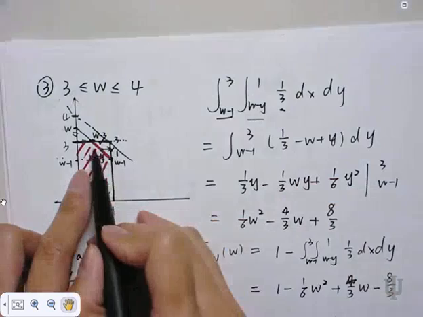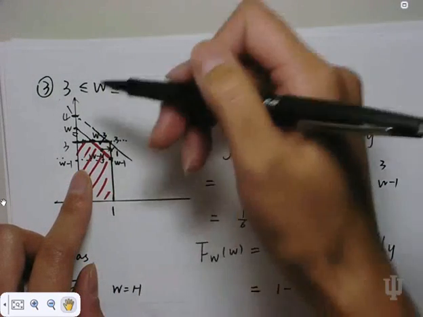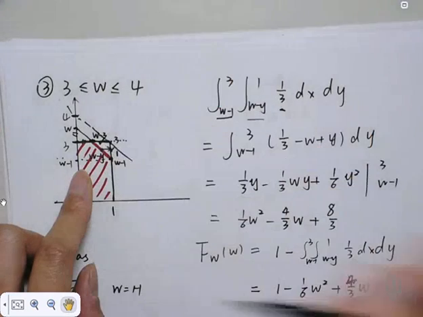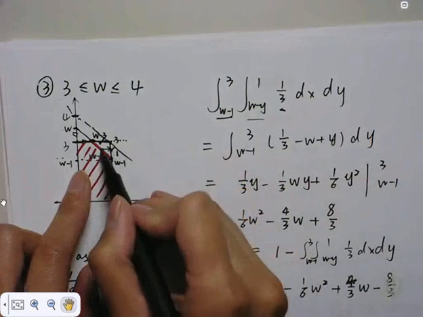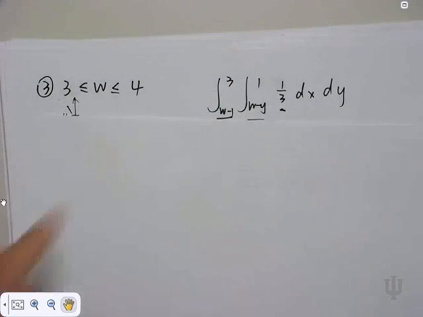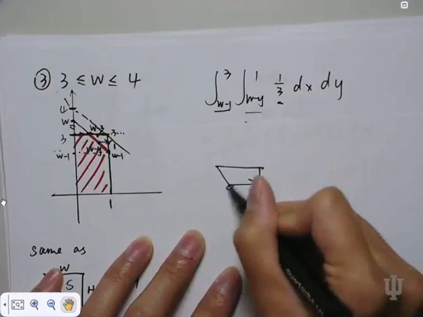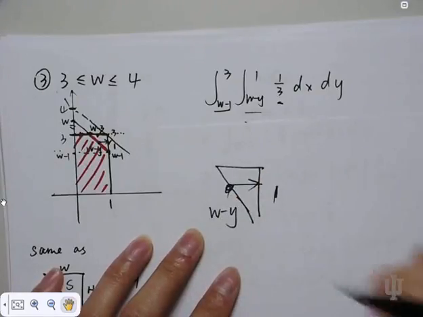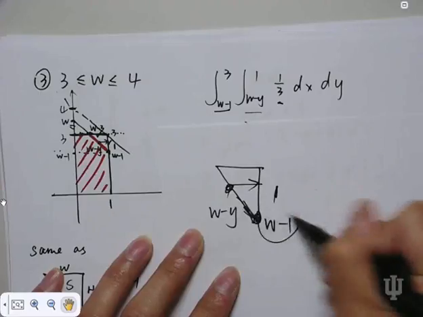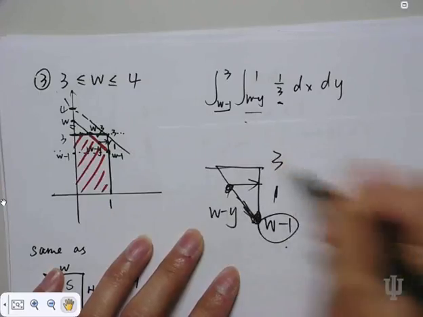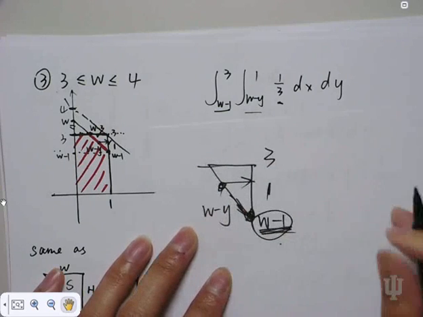And my y is starting from this line to... Yep, my x is starting from, you can do it 2 different ways, but here what I did is x starts from this line to 1, right? And y is this to 3. Why is it W minus 1? Because, how can I draw it?